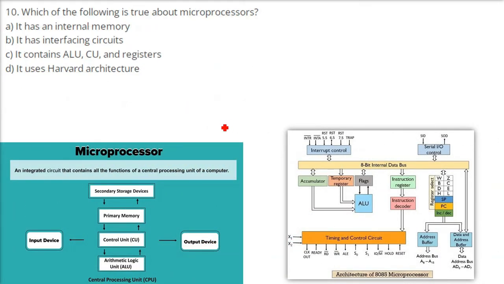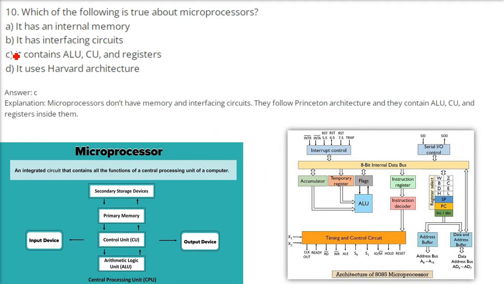Which of the following is true about microprocessors? A microprocessor is an integrated circuit that contains all the functions of the central processing unit of a computer. The answer is C. It contains the ALU, the arithmetic logic unit, the CU, that is the control unit, and the registers.